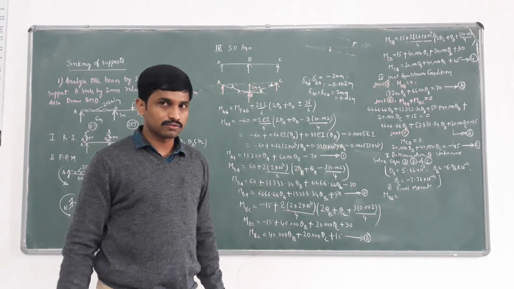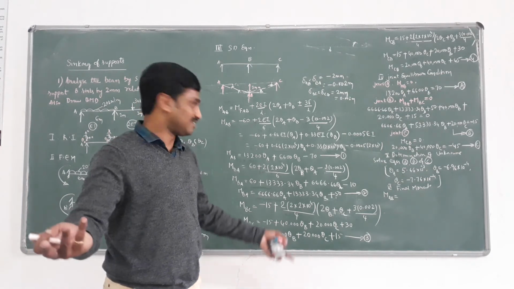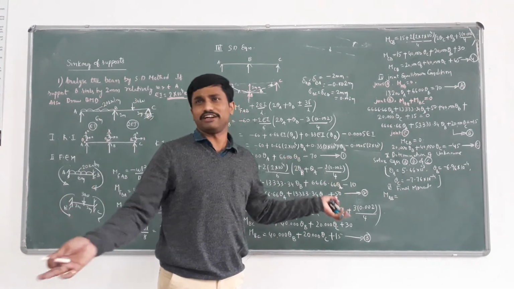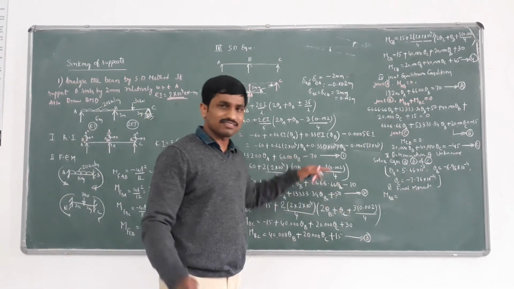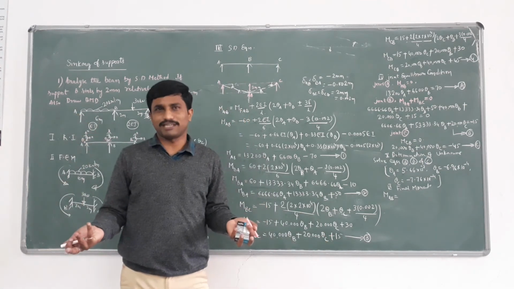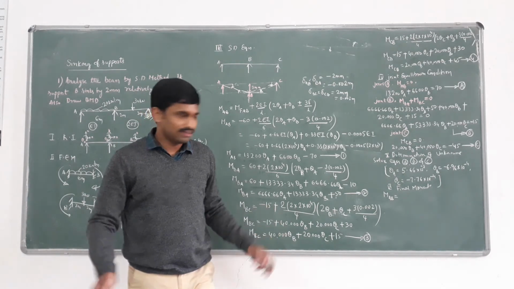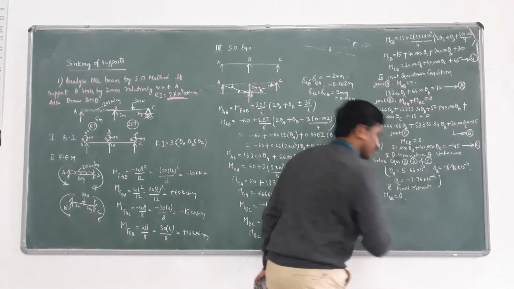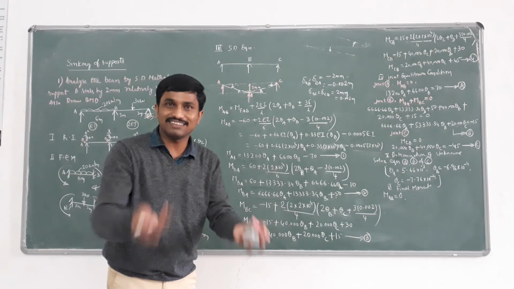How much? 69.9, that is 70. 70 minus 70 is 0. Obviously, at the simple end we are getting 0 moment.